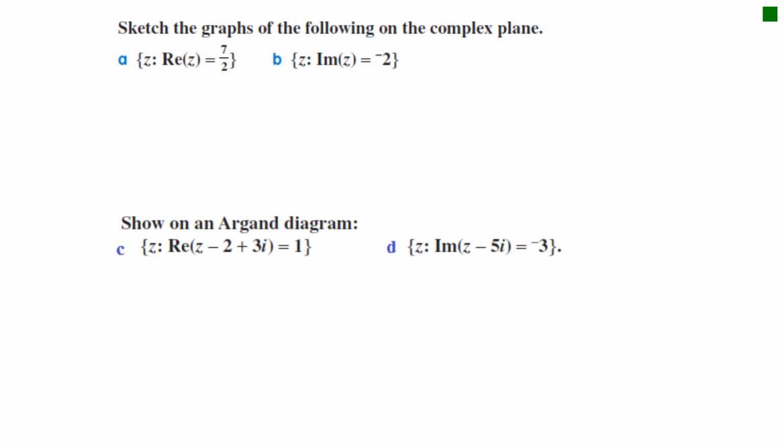Okay, I presume you're back now after having a go at those 4 sketches. Let's consider the first 2. They're pretty basic, aren't they? So clearly, if I can replace real Z with x, it's just simply the vertical line going through (3.5, 0). Makes perfect sense. Each of the complex numbers that make up that vertical line has a real component of 3.5.